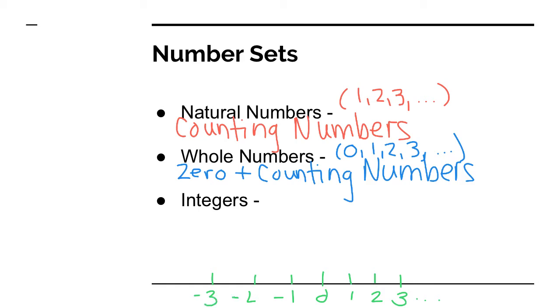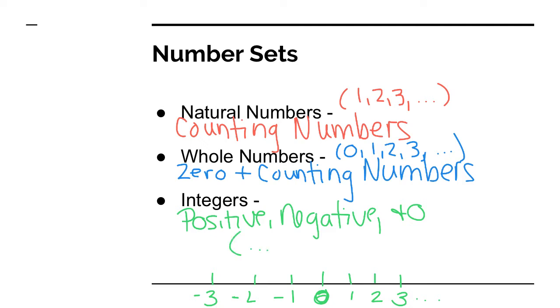And so that number line involves integers. Those are your positive numbers, negative numbers, and 0. So it would be all the numbers less than what I'm writing, as well as all the numbers greater than what I'm writing.